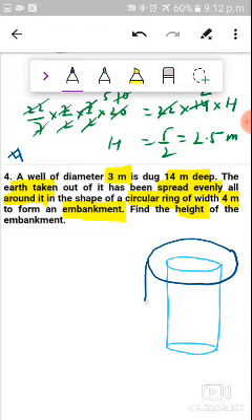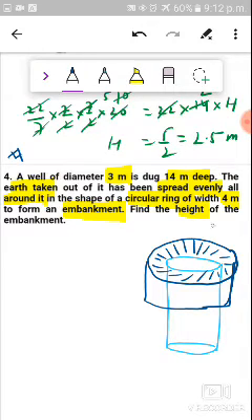So this embankment also has a cylindrical shape, right? This width is given as 4 meter here. We need to find the height of this embankment.